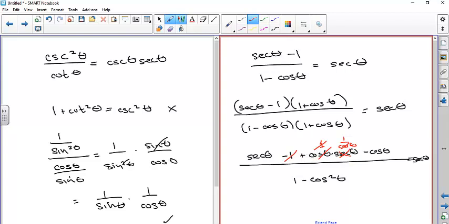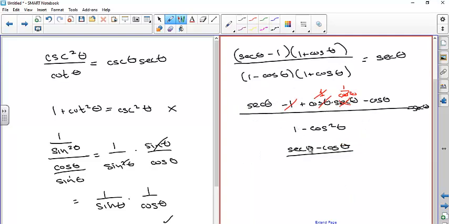So the numerator I can simplify down to secant theta minus cosine theta. Okay. Now the denominator I can replace with sine squared theta.